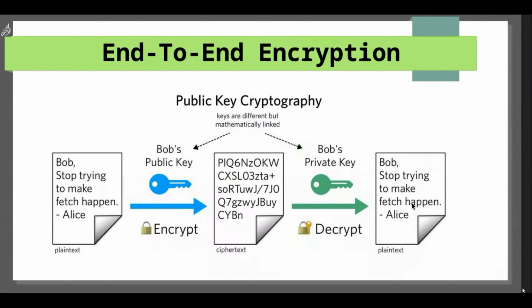End-to-end encryption is kind of key to understanding why secure messaging apps are secure. It relies on a concept called public key cryptography. Public key cryptography is when you have two keys, a public key and a private key.